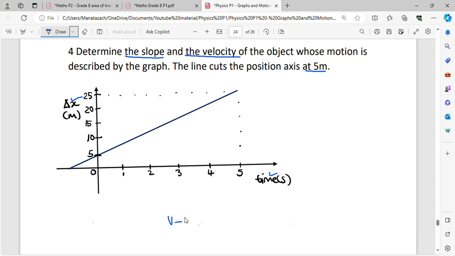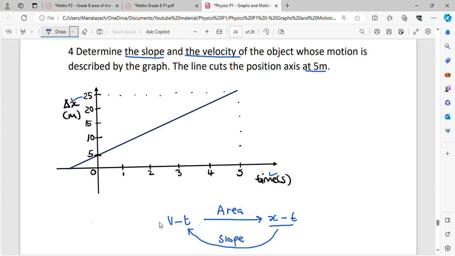If you are given the velocity-time graph and you need to work out displacement, you need to work out the area under the velocity-time graph. Vice versa, if you are given the displacement-time graph and need to work back towards velocity, you need to calculate the slope of the displacement-time graph.